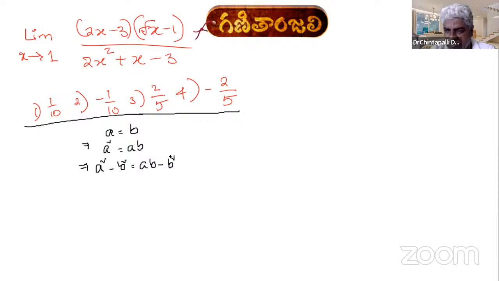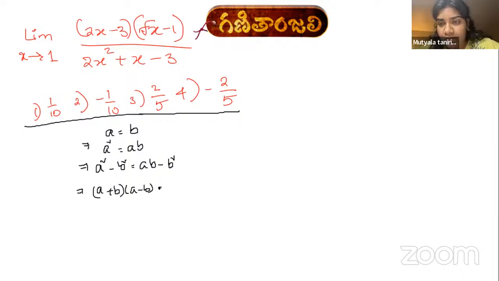There is a formula for A square minus B square, that is A plus B times A minus B. What about AB minus B square?